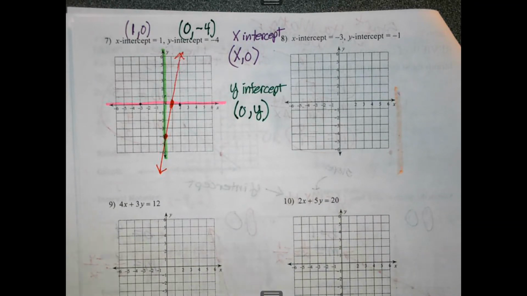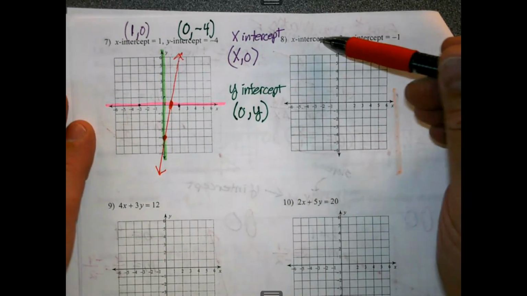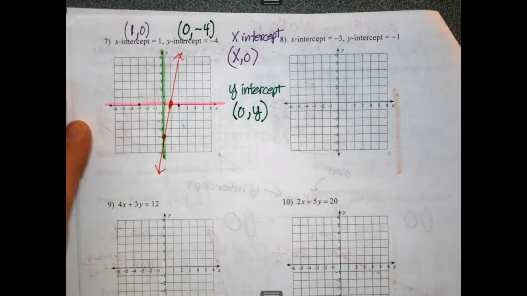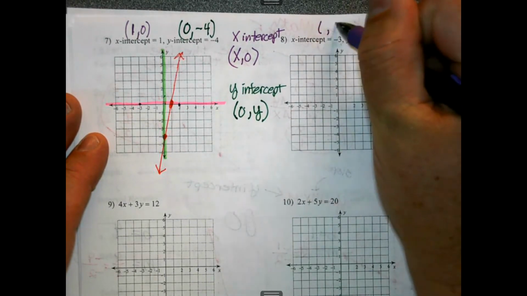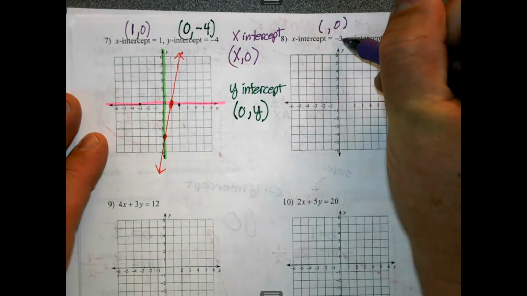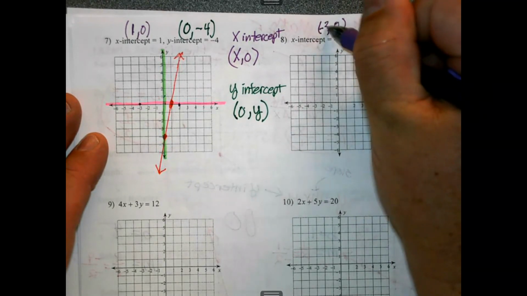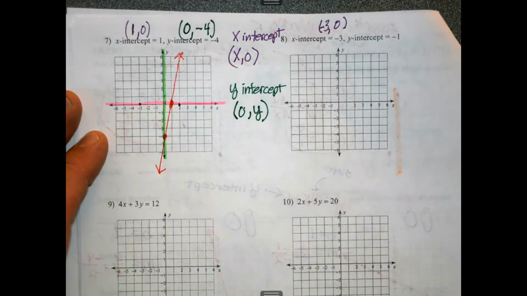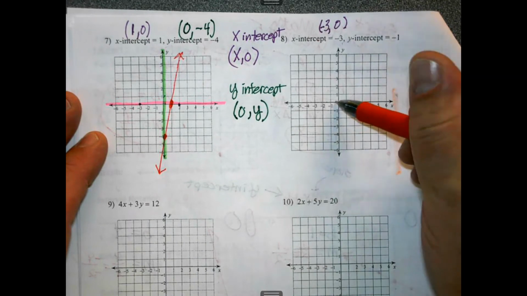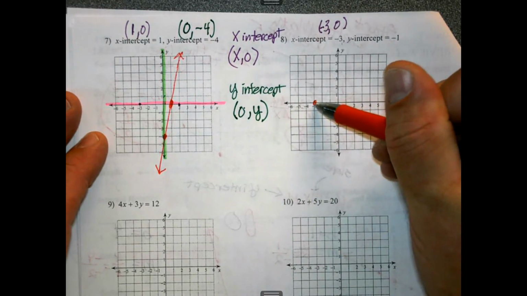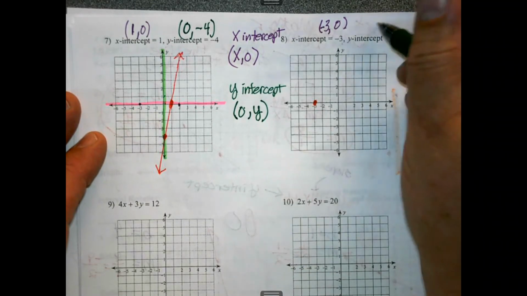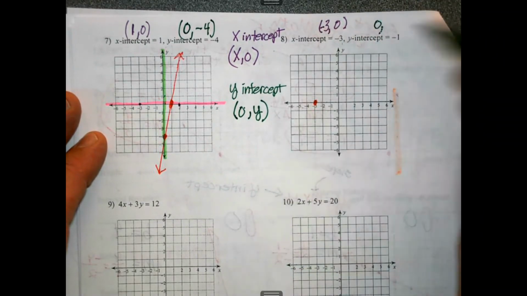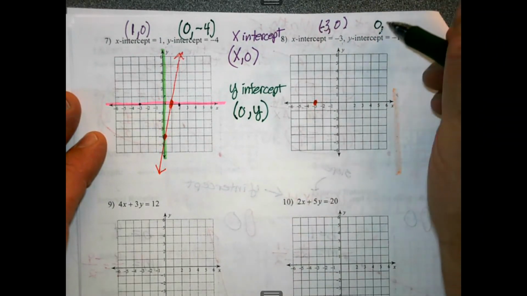Let's do another one. They give us the x-intercept, and again, my y is always 0, and I substitute in for this one negative 3 for my x. So I have negative 3, 0, and then for my y-intercept, my x is always 0, and I substitute in negative 1 for my y.